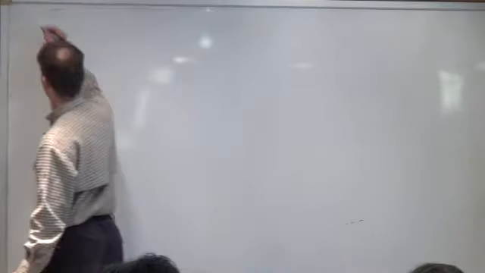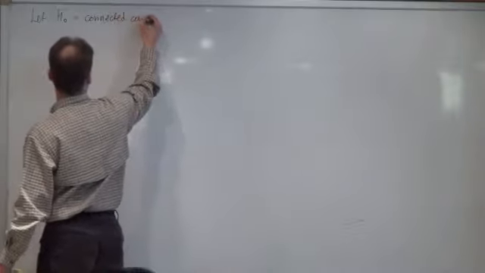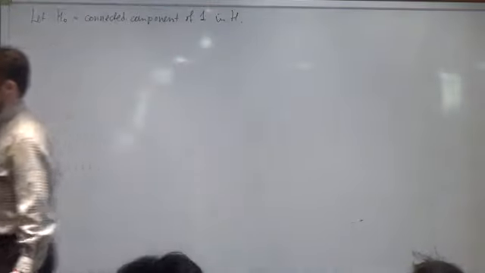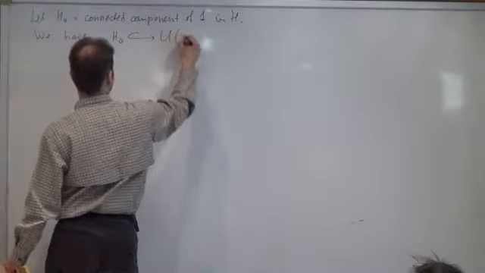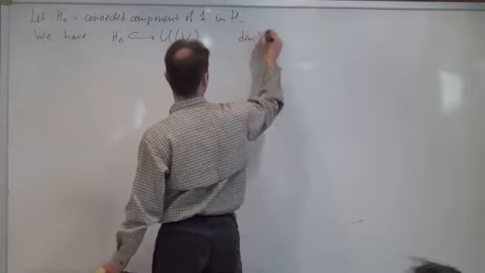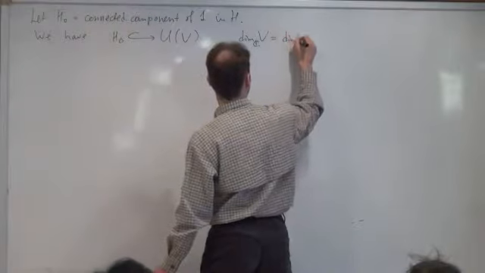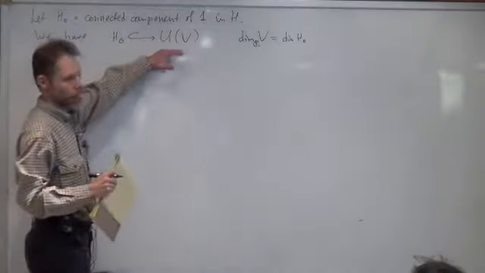Let's see. So let H naught be the connected component of 1 in H. Off the top of our head, we don't know that H is connected. We have H naught mapping into U(V), real dimension V. Well, complex dimension V is dimension H naught. So I have a torus sitting inside the unitary group.